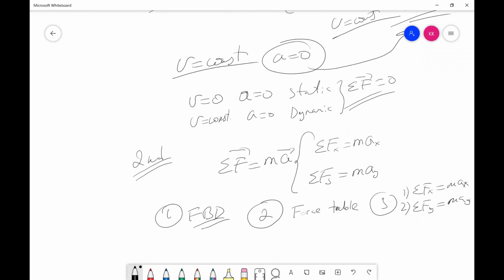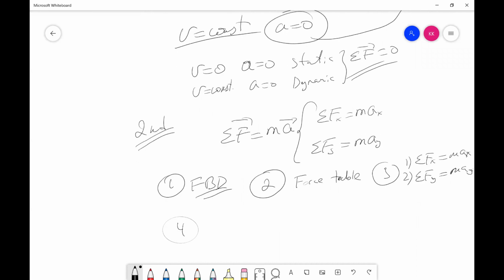And then step 4 can be, if you want to find the net force, which will be the square root of x component squared plus y component squared, and finding the theta for the net force from the inverse tangent of net force y over net force x. That means you are basically treating this as a vector sum of all the forces acting on the object.